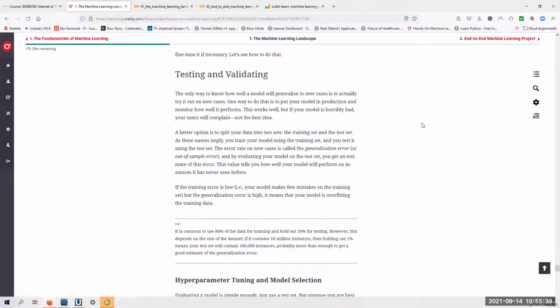And then you have some measure of the error rate. We get to this later in more detail, but if, for example, you are classifying things, you can have a true positive value, so you classify the object correctly.